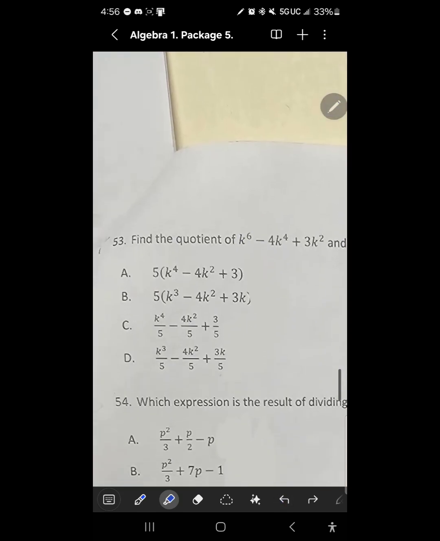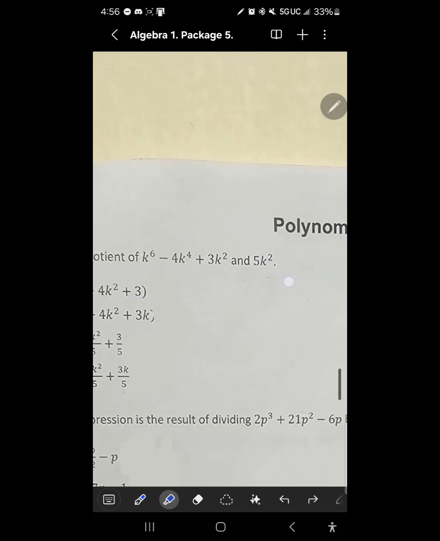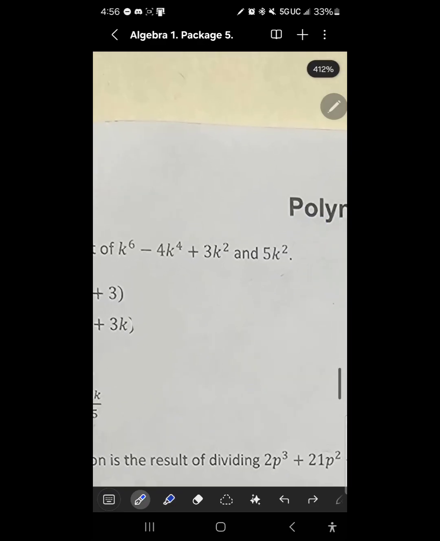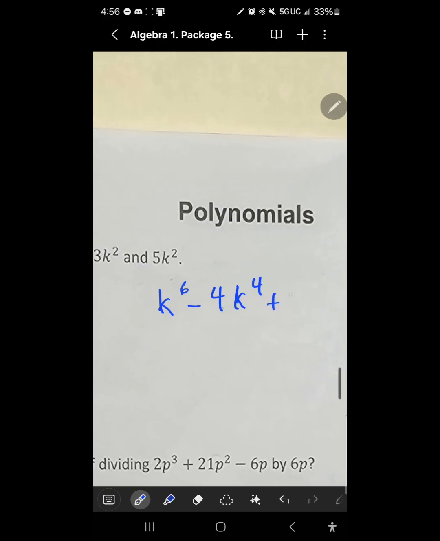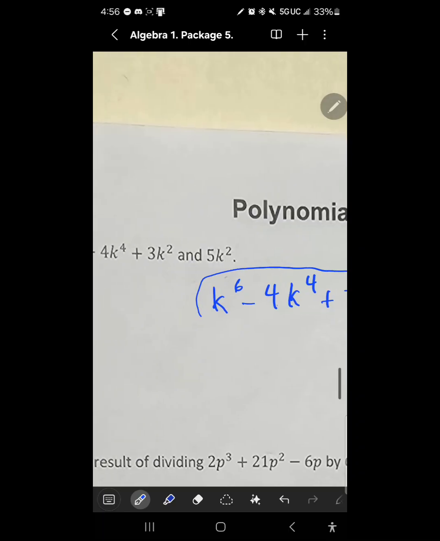Now, let's look at this example, the equation. So it's just keep solving. So k^6 minus 4k^4 plus 3k squared. And then we divide that by 5k^2.